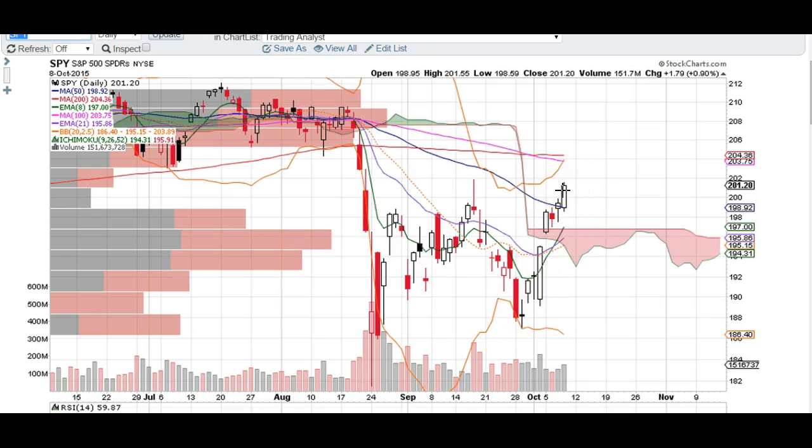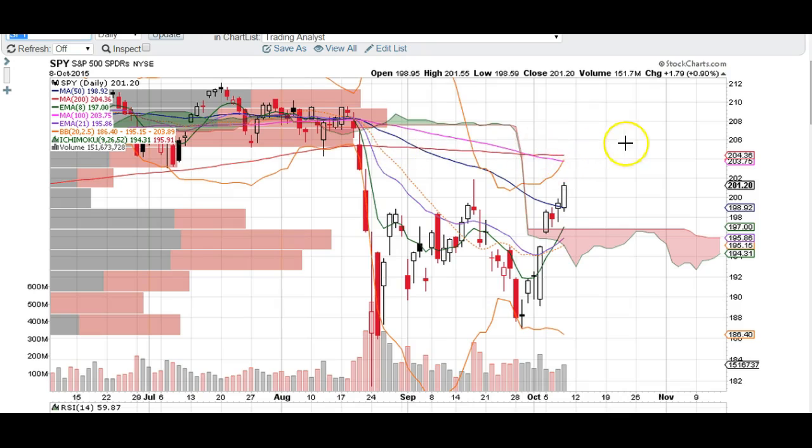So that's extreme relative weakness, especially for a chart that normally trades with the market pretty consistently. So you can only imagine what Tesla will do when it doesn't have the market on its side.